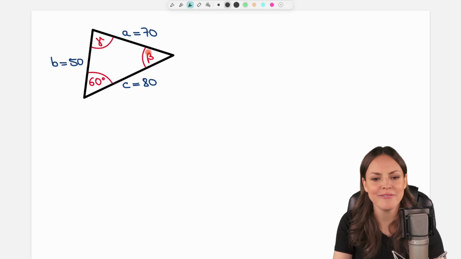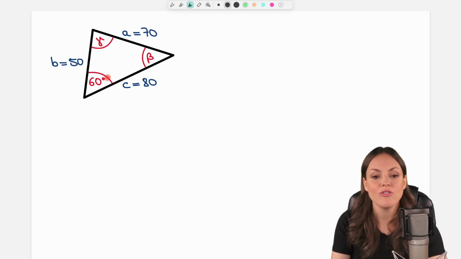So how can we find beta next? We could use the law of cosines again to find beta because we still have the lengths of all of the 3 sides. So we could apply the law of cosines now for this angle here.